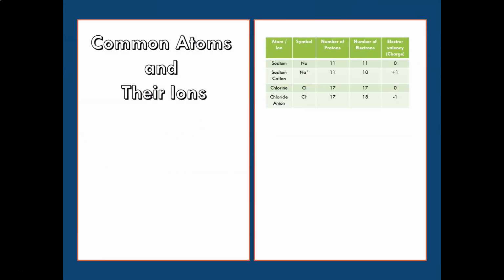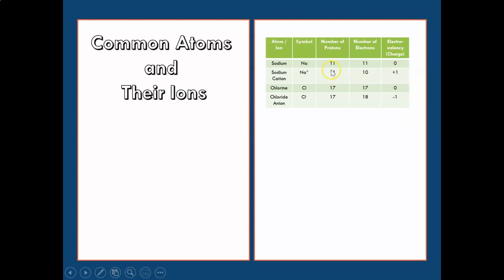Okay, let's have a think about some common atoms and their ions. So we've got sodium. Sodium in its stable form has got 11 protons and 11 electrons, and its electrovalency is 0. There's no charge because it's got an even number of protons and electrons. The sodium cation is now Na+, because it has the 1 positive charge.